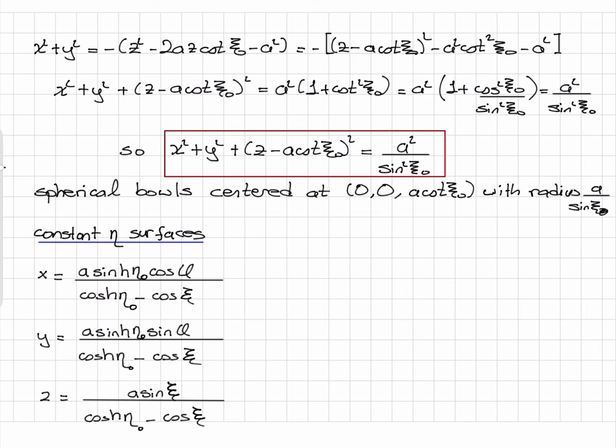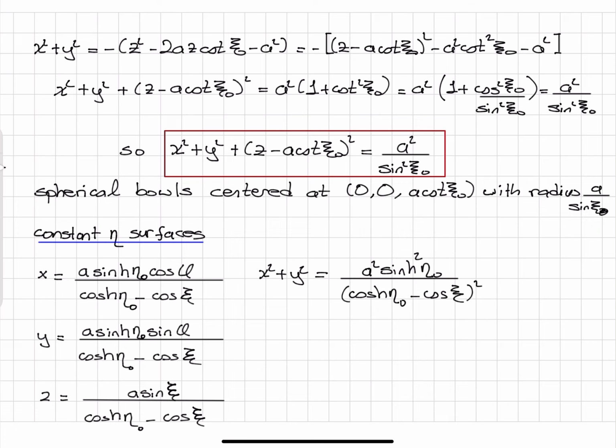What about constant eta surfaces? Here are our transformation equations, again noting that eta is equal to eta 0, so it's a constant. So once again, if I write x squared plus y squared, you can see that I have the same prefactor here, so it's cosine squared plus sine squared equals 1. So I will obtain a squared sinh squared eta 0 divided by (cosh eta 0 minus cosine psi) squared.